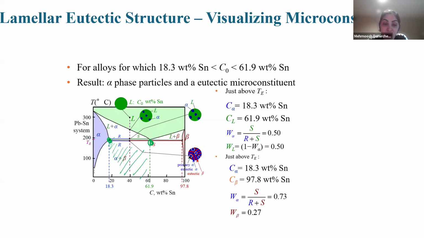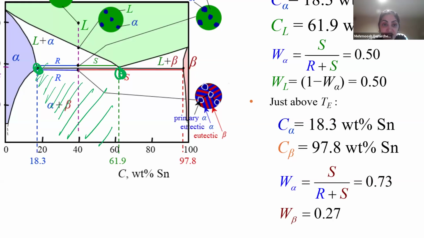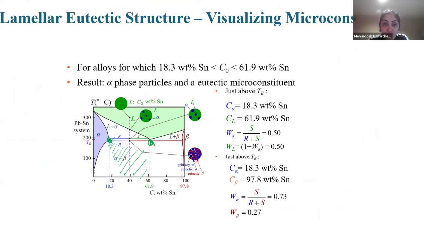Primary alpha means it comes from these dark blue grains, yeah? Means bigger than that. We have primary alpha, and you see here, if I zoom here, you can see that this dark blue circular one is primary alpha, yeah, and these layers are eutectic microstructures. So it is primary alpha.